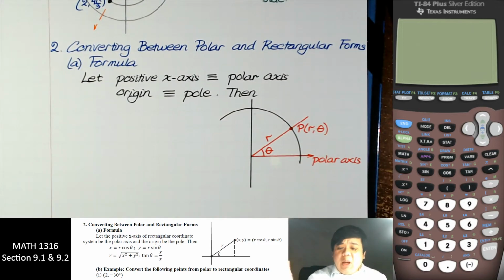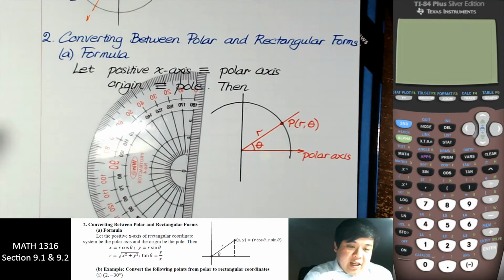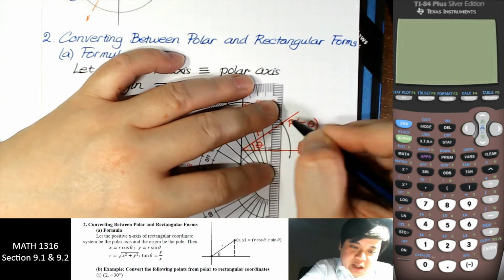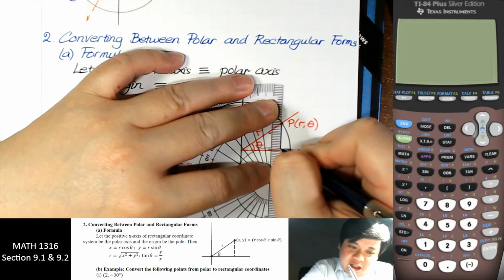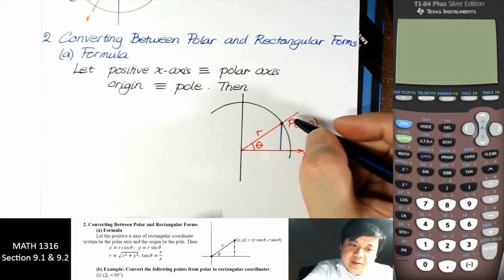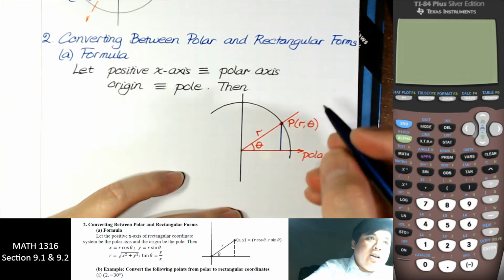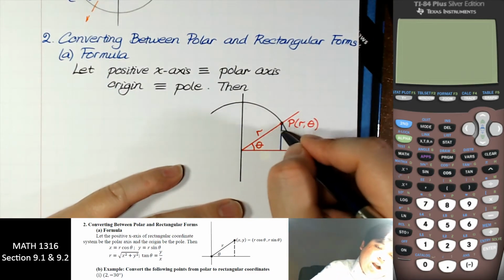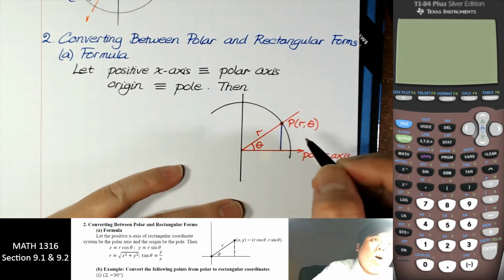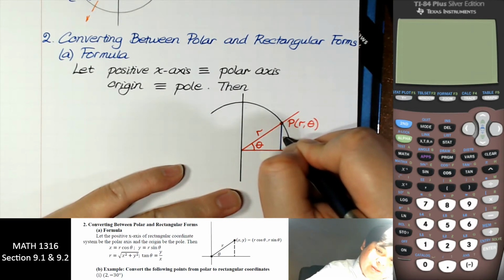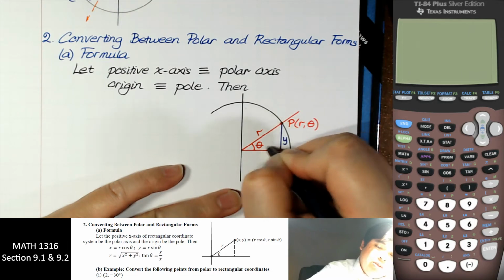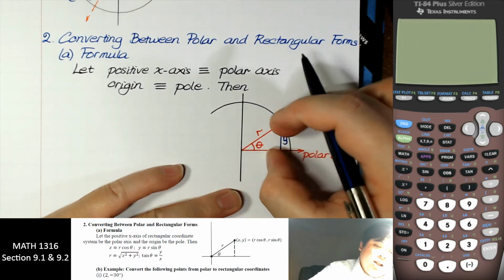Right, what we do after that is we say this point, if we draw the right triangle, this is opposite, which is y over r. I mean just y. Sine is y over r. So this is opposite, the y value.